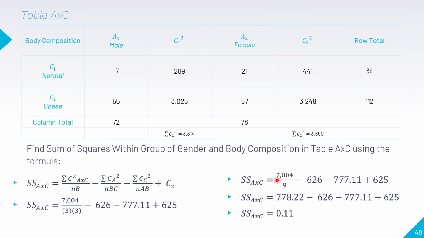So 7,004 divided by 9, we have 778.22 minus the values of this one, already mentioned in the previous formulas. We just need to find it. So now we have these values plus our CX equals 625. Now our sum of squares within the group of A by C is 0.11.